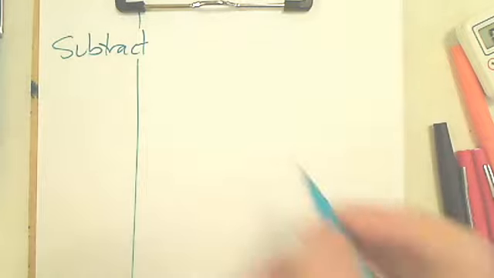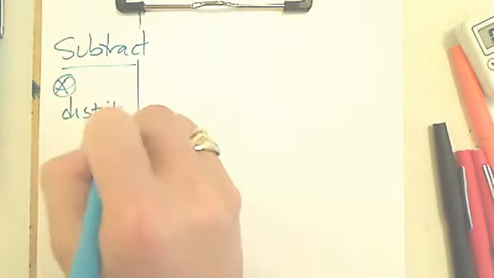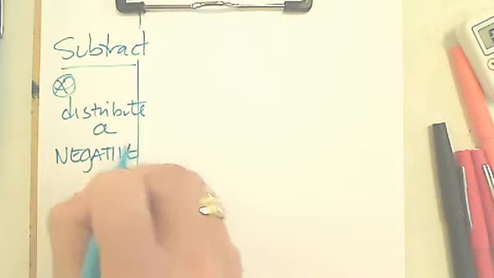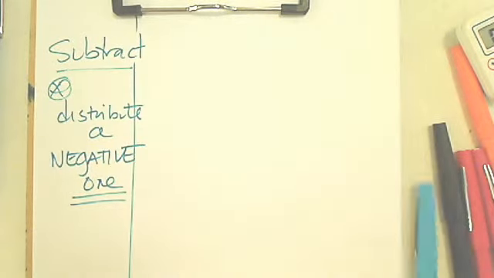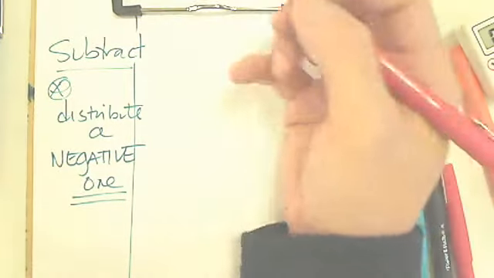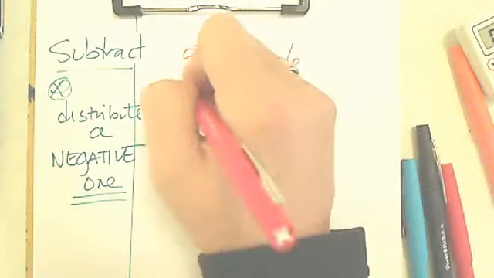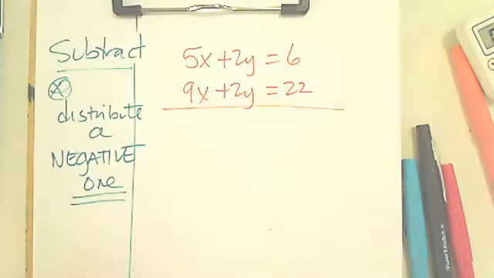So here the goal is to distribute a negative 1. What does that mean? Well, this is what I mean. In this case, 5x plus 2y equals 6. 9x plus 2y equals 22.